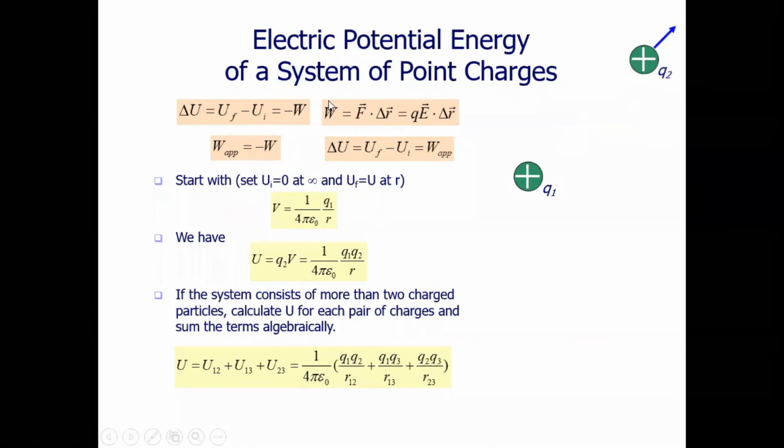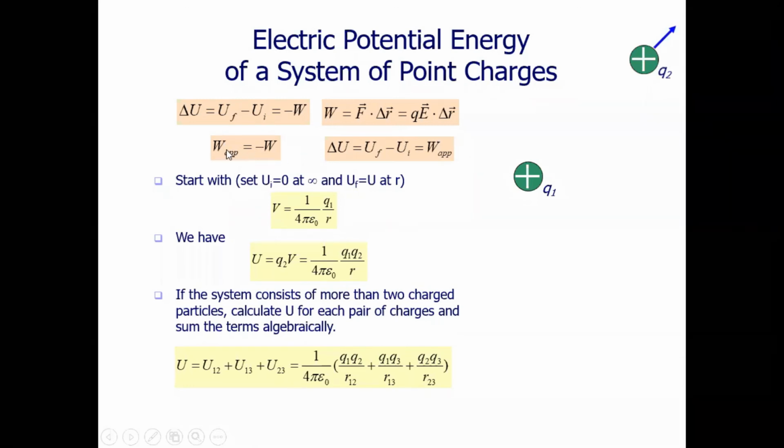Now, remember, the work is basically the force times the displacement. The force can be written as Q times E, so this equation here can be written like that. In a previous lecture, we had learned about the applied force. In order for this charge here to move quasi-statically, there must be an applied force in the opposite direction.